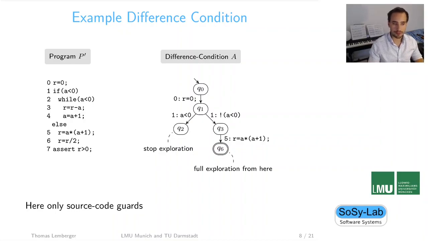So at line 5, the verifier will go into q6 and will verify everything that comes afterwards. In this example, we only look at source code guards because we only considered these in this work, but in theory, it's also possible to use state space guards as well.